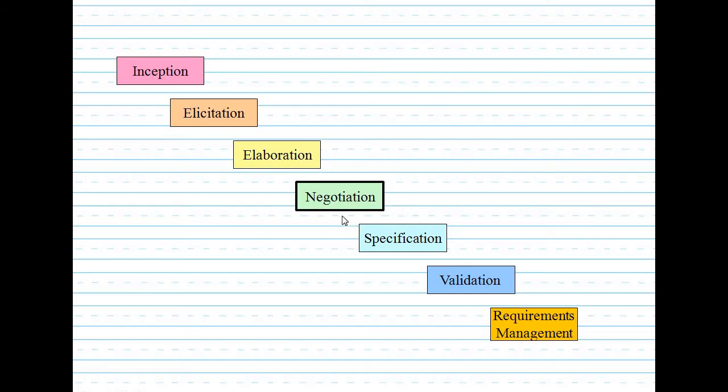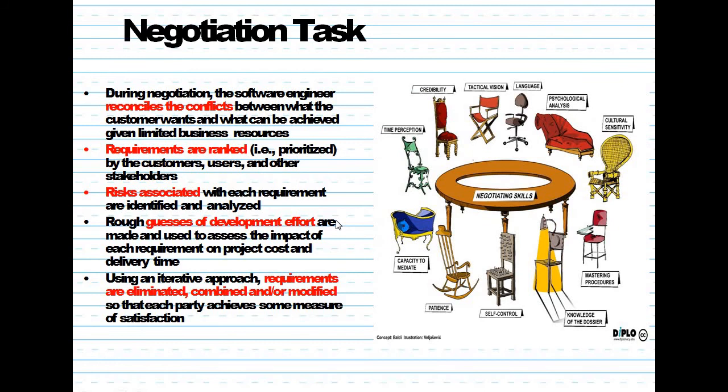Now next is negotiation. Now what is the negotiation task? During negotiation, the software engineer reconciles the conflicts between what the customer wants and what can be achieved given limited business resources. Now requirements are ranked, prioritized by the customers, users and other stakeholders. Risk associated with each requirement is identified and analyzed.